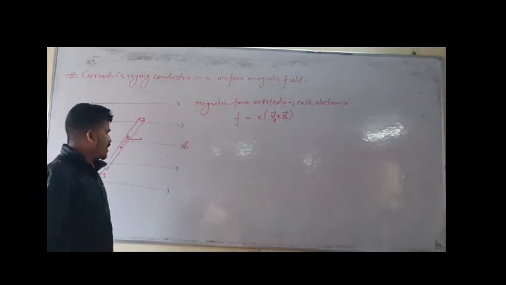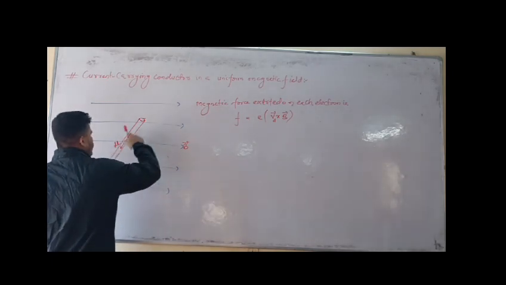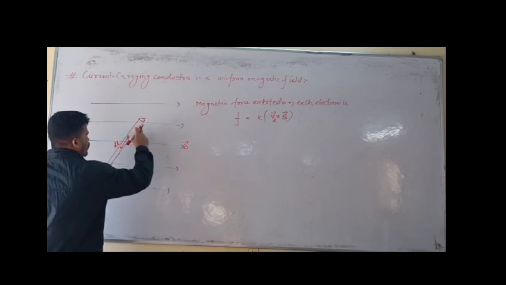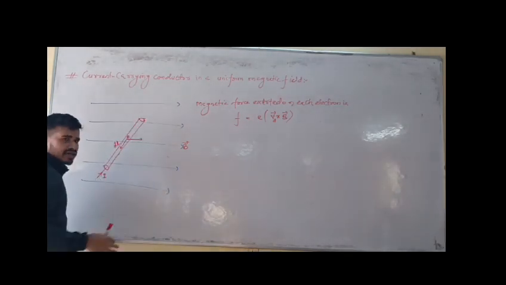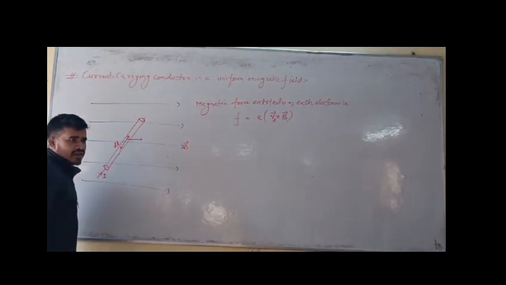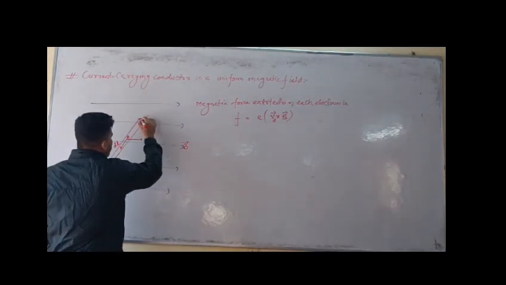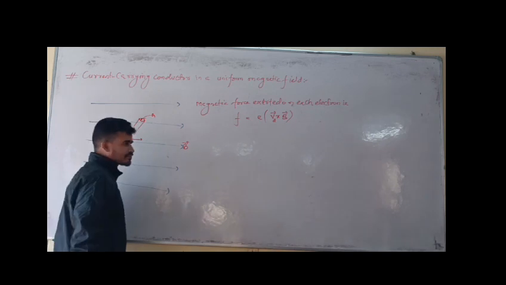I am considering L length of this, meaning dL length of this. From here to here it is dL. There is no conductor, I am just considering dL length. And the area of cross section of this is A. How many electrons will be there inside this conductor?